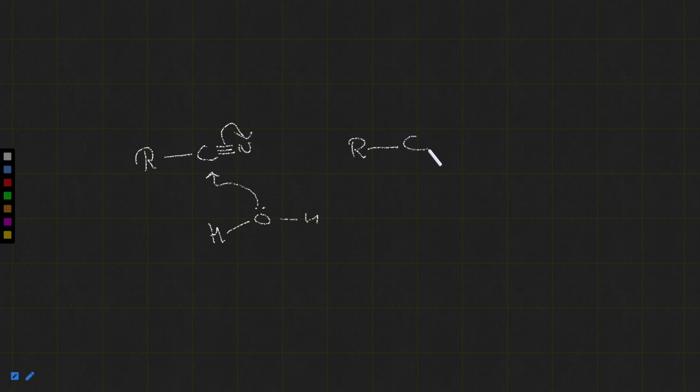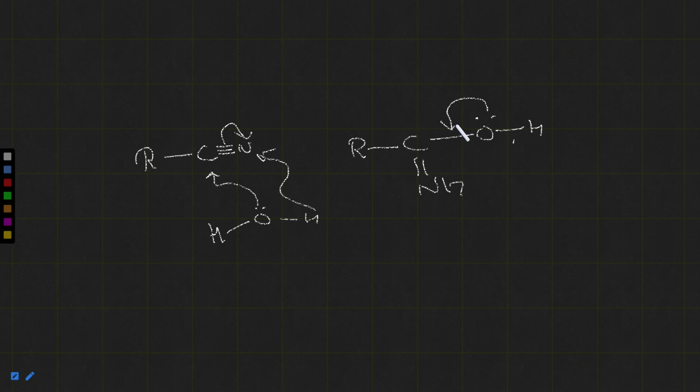As soon as it attacks here, the proton transfer takes place from hydrogen to oxygen to nitrogen and results in this kind of entity. Now next, what will happen? We have to form CONH2. Again an intramolecular proton transfer takes place.